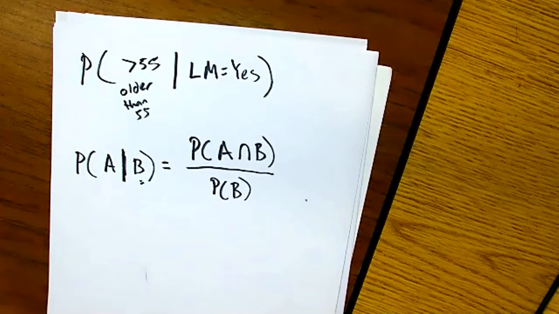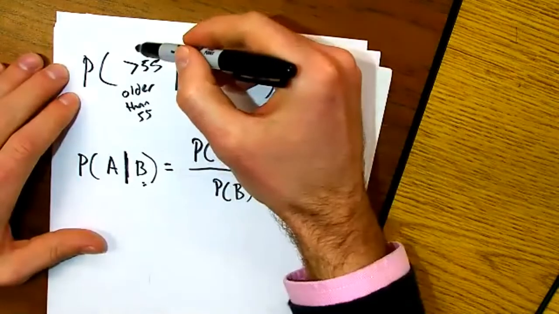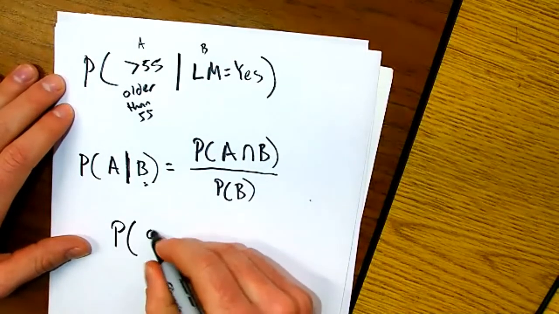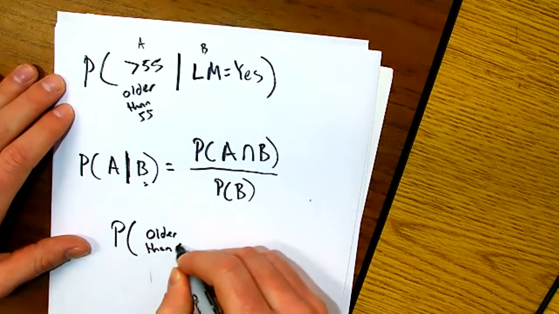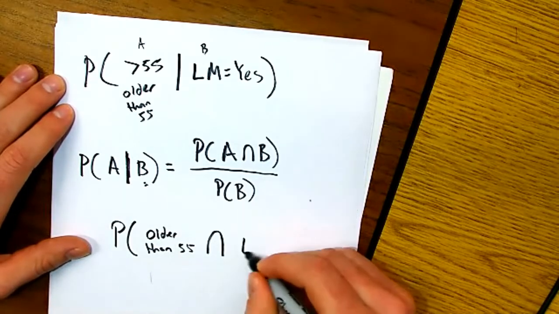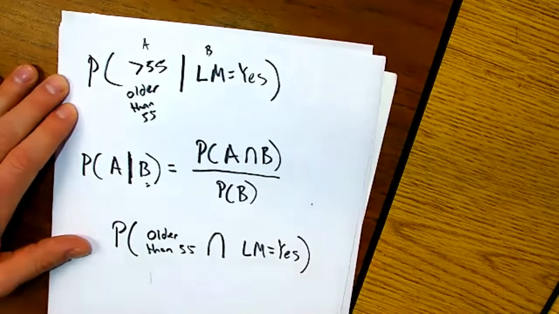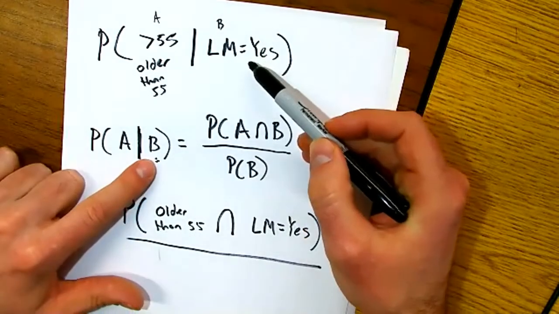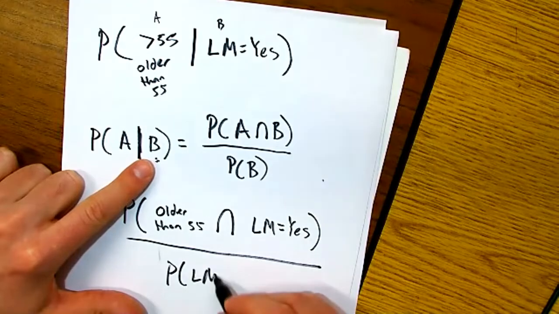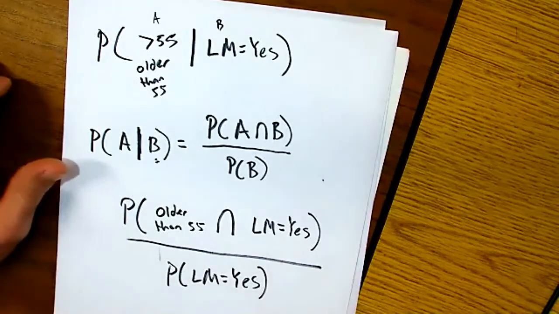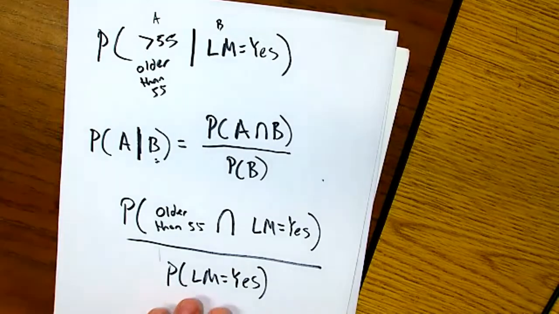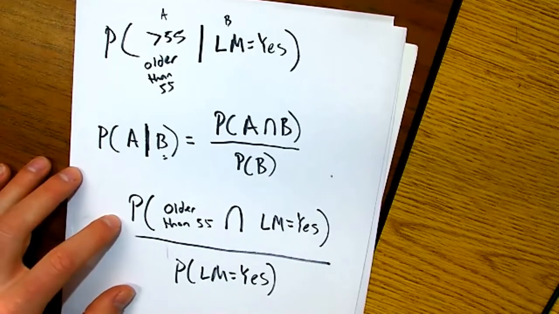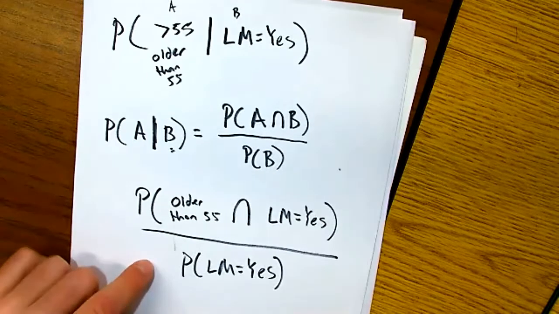So if I write this out in the context of my example, this is my A, this is my B, I'll find the probability that someone is older than 55 and wants marijuana legalized, divided by the probability of whatever I'm conditioning on, which is the probability that they wanted it legalized. What this is really saying is take all the people who want it legalized, and what proportion of them are also older than 55. Well, we can find these two things from the table.